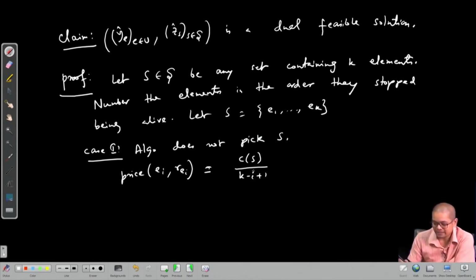At this price, this set is available to cover them, and we pick the most cost effective set. So the price of e_i is less than or equal to this.